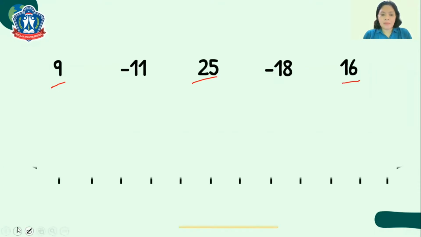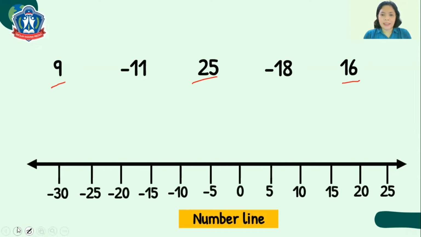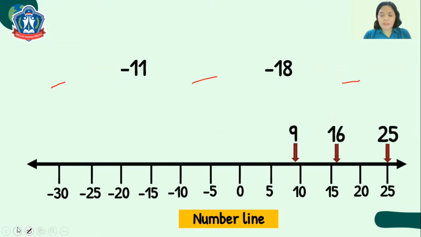If we place them on a number line, let's say 9 is around here, 25 is here, and 16 is here, right? What have you observed? Yes, these 3 numbers are on the right side of 0. And these numbers are what we call positive numbers. Their value is greater than 0.